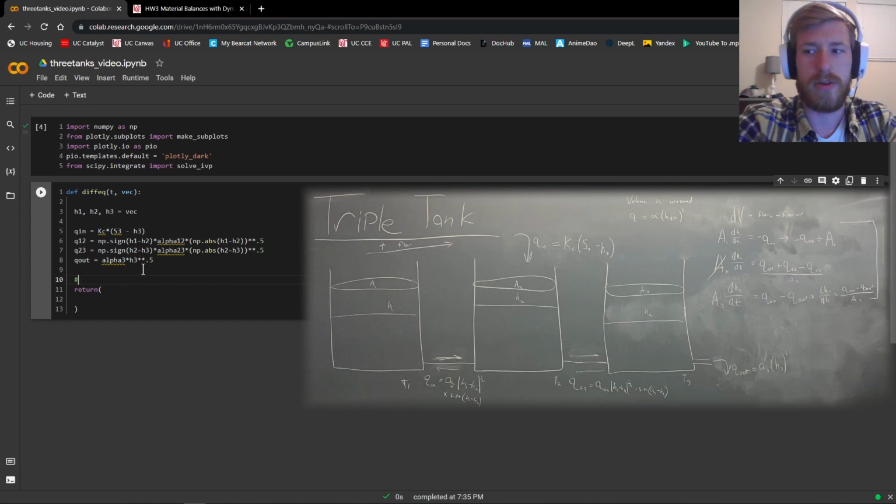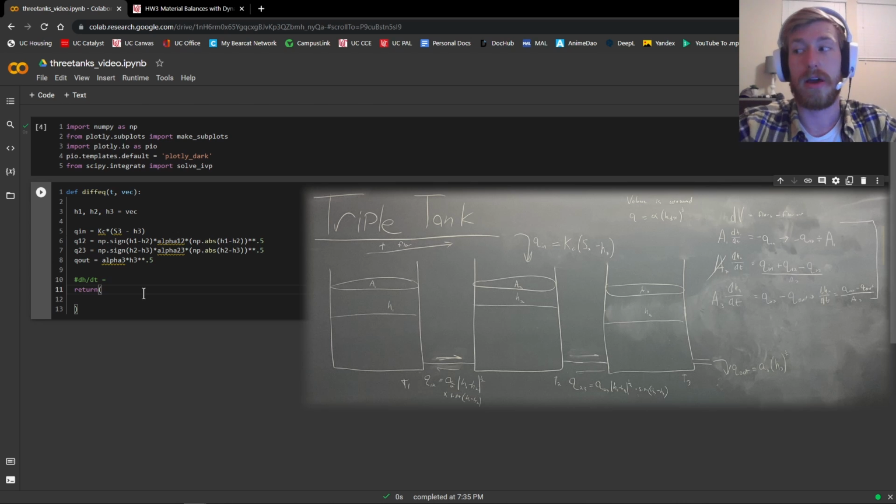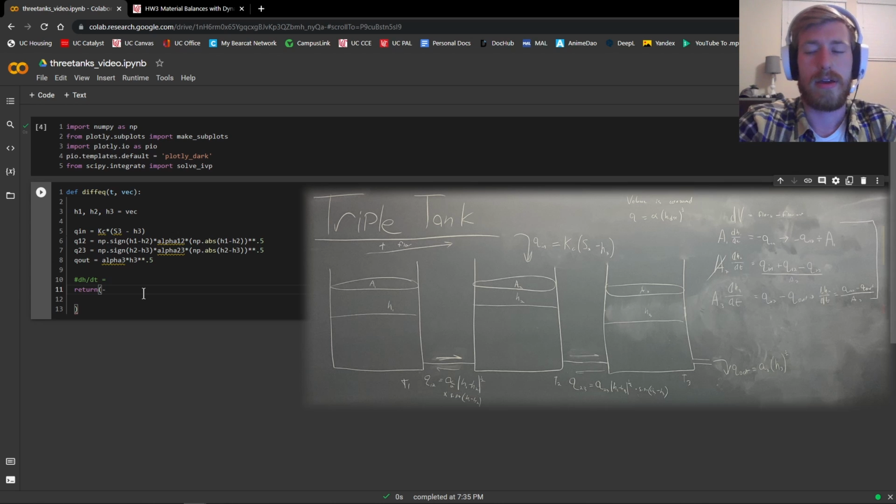These are all in terms of dH over dt is equal to, because we isolated everything for dH over dt when we did that on the chalkboard. Looking off of our work from our previous video, we know that the equation for the height of tank 1 over time is negative Q12, the flow from tank 1 to tank 2, because this is from tank 1's perspective.